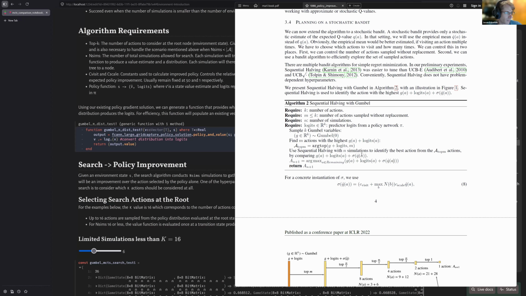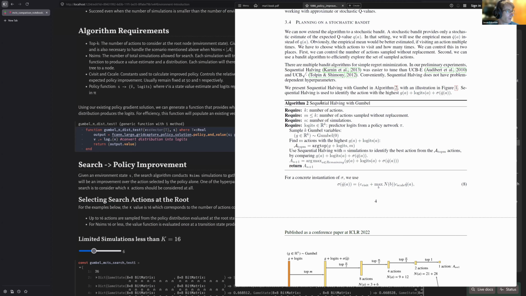The nice thing about logits is they have an unbounded range, so we don't have to worry about some of the problems AlphaZero has, where it's combining a probability distribution with Q values. Here, we have these Q values we've learned, and we combine them with the prior logits to have this new policy. This is the policy from the tree.